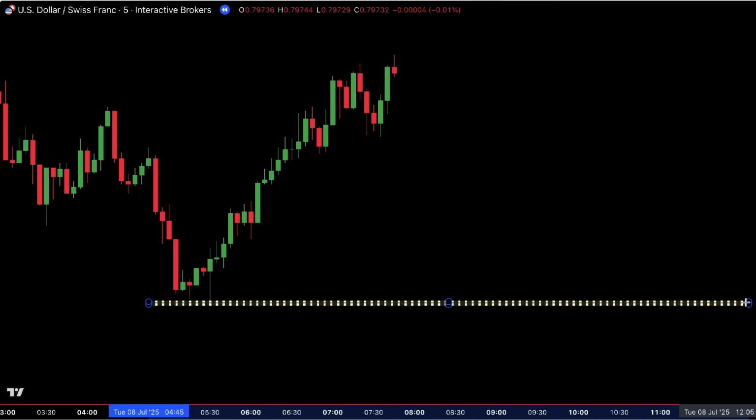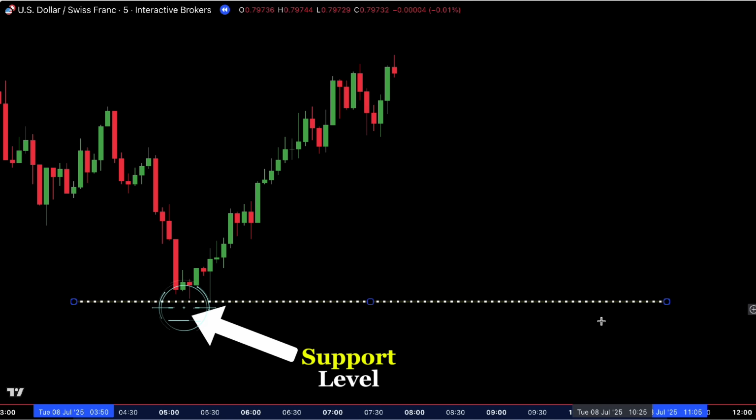Now let's look at another chart example. Here we have a clear support level, it's obvious, recently formed and recently respected. So why isn't it a demand zone? Because the move away from it is weak. The candles aren't large or decisive. Smart money isn't showing strong buying pressure here. That's why, instead of drawing a zone, we simply mark a line. And here's why that matters.